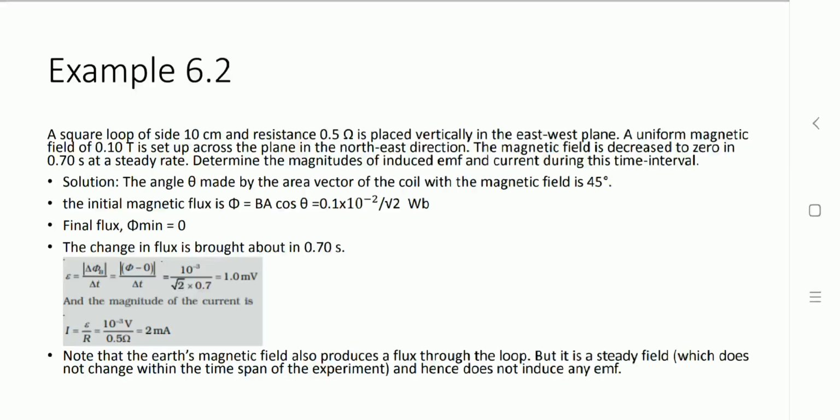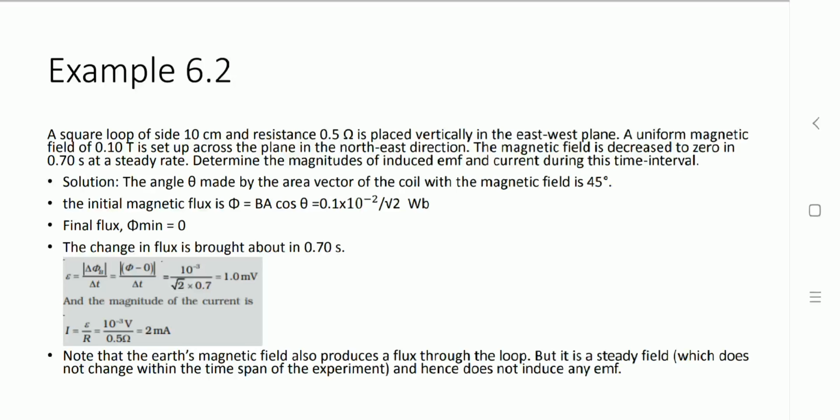Here it defines that the loop is vertically in the east to west plane. So we can say that the area vector makes a 45-degree angle theta. So flux is BA cos theta. The magnetic field B is given, that is 0.1.